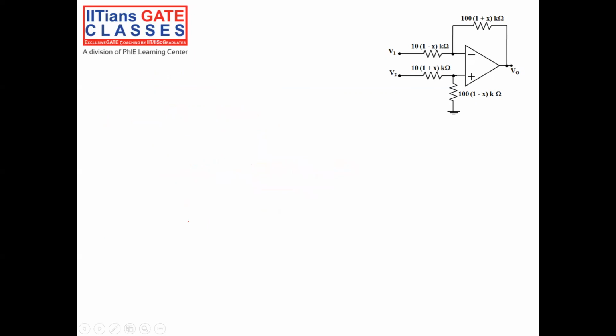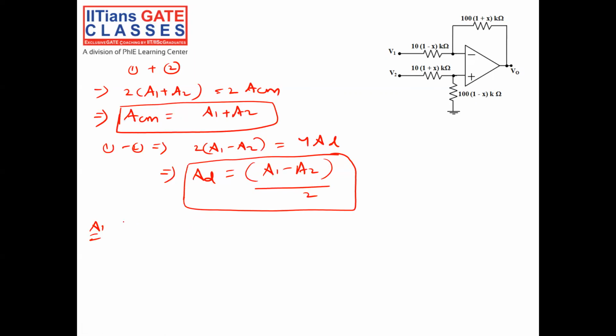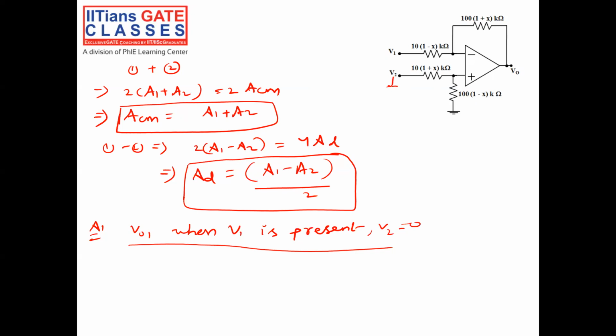A1 is V0 by V1 when only V1 is present, and V2 is equal to 0. So when V2 is equal to 0, let us put this as 0. Zero volt means it is grounded.